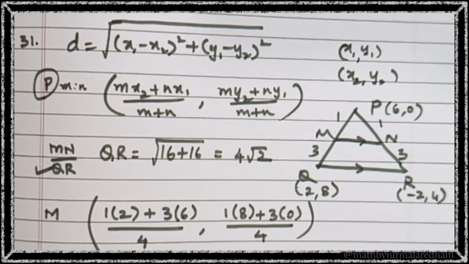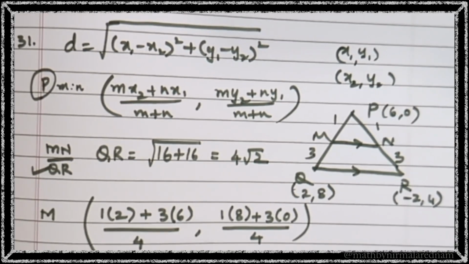We don't even need the coordinates of the points PQR. You can still get this ratio MN by QR simply using basic proportionality theorem. I want you to think about that alternate solution, and you can ask any doubts in the comment section, or give the solution in the comment section.